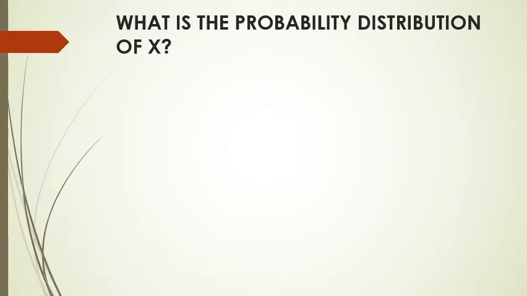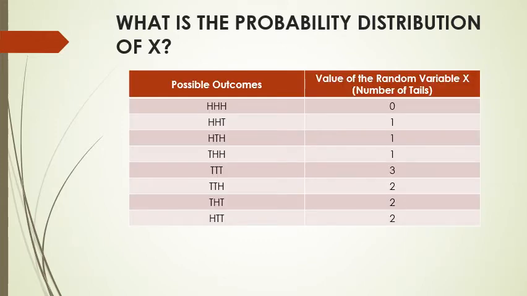Next, what is the probability distribution of x? We will use the previous table of possible values of the random variable x to find the probability distribution of x.